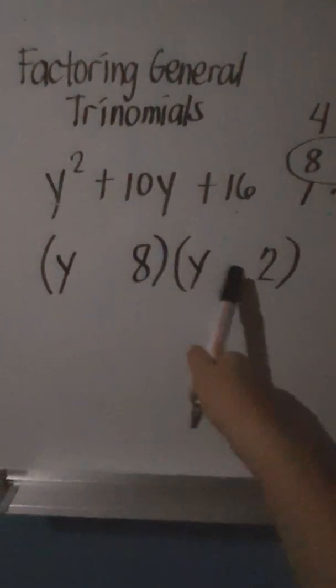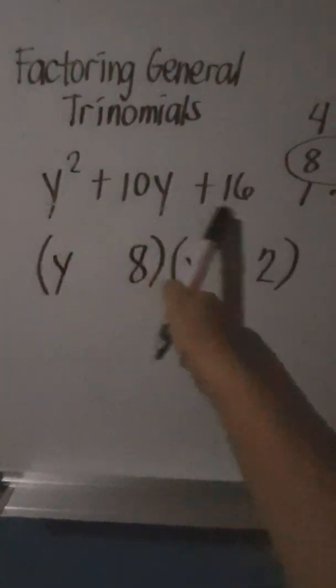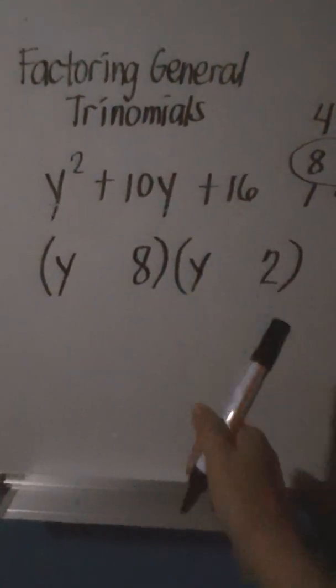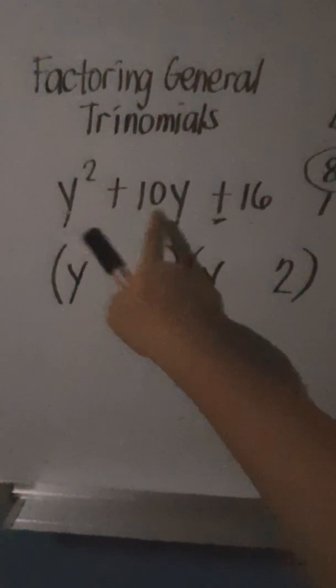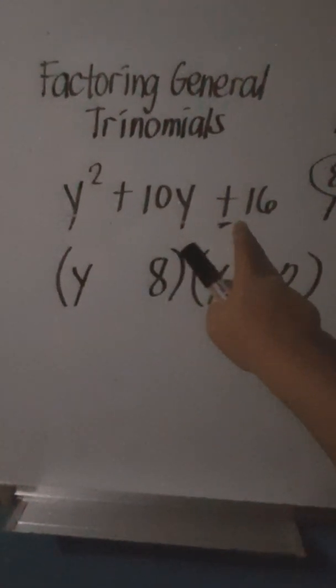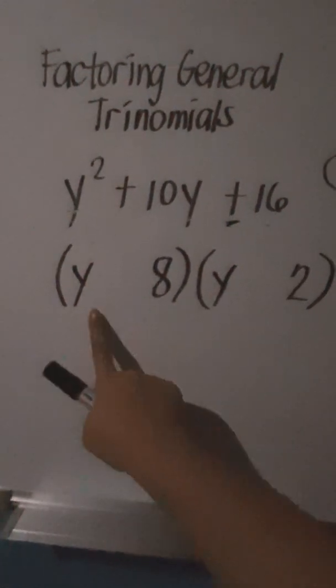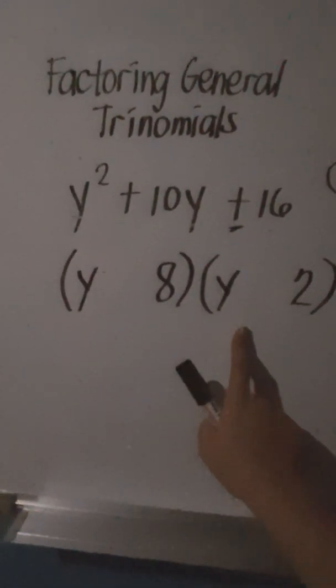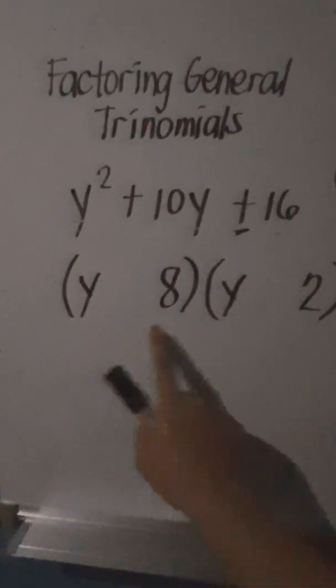To determine the signs of the two factors, let's analyze the sign of the given trinomial. So, the last sign na naa niya diri, this has two signs. The last sign is positive. Positive gali, it means pareha ang sign sa duha. Kung negative gali ni diri, meaning lahi-lahi ang sign sa duha.